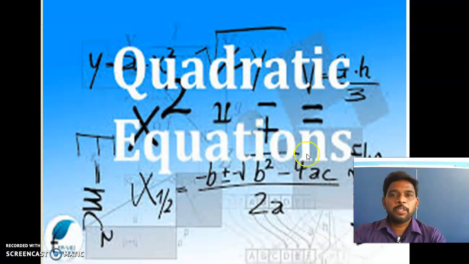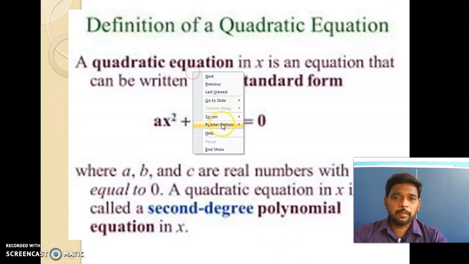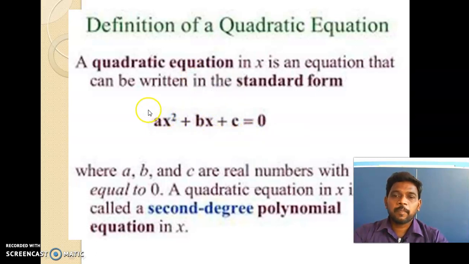So before going to today's session, let us recall some basic concepts, right? So this is the topic of the lesson, quadratic equations, and that is a general structure. So this is a general structure of the quadratic equation.